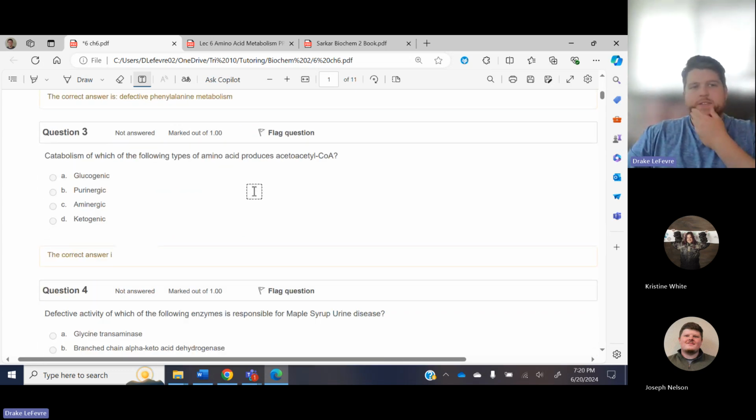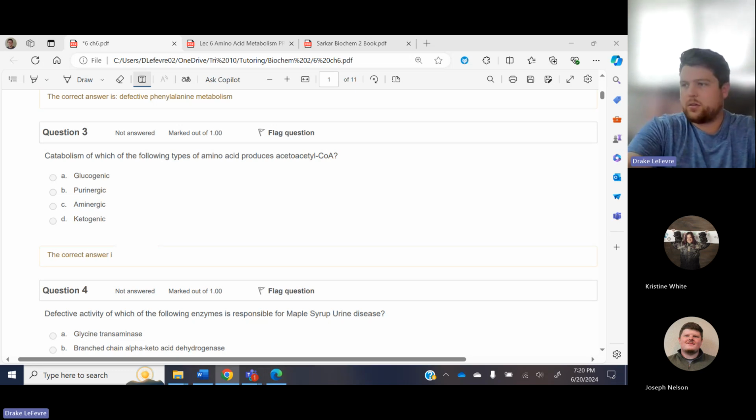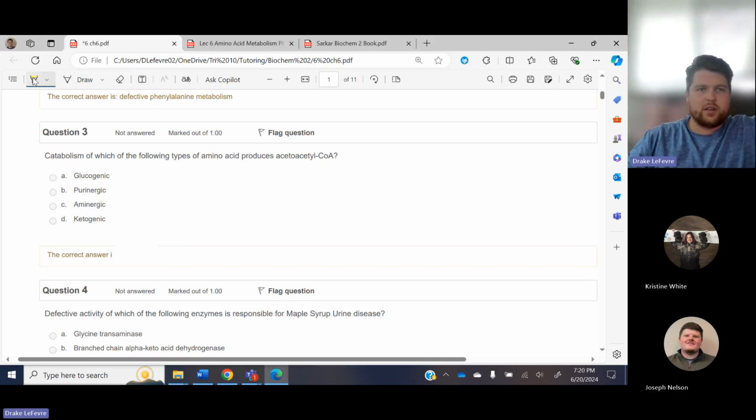And then this stuff, catabolism of which of the following types of amino acids produces acetoacetyl-CoA? Again, a lot of this is just going to be the memorization type stuff. These are going to be our ketogenic amino acids.